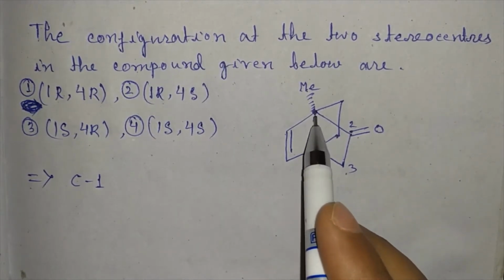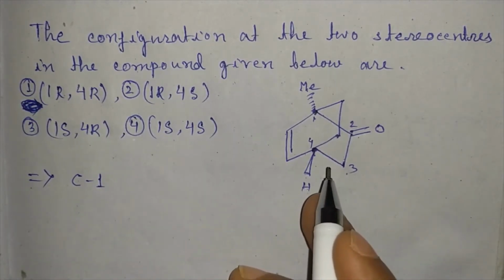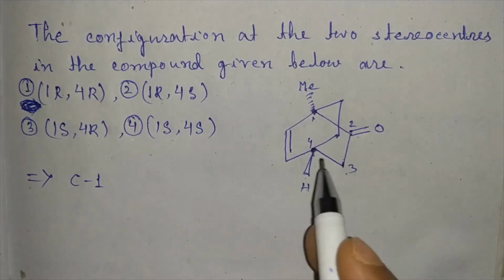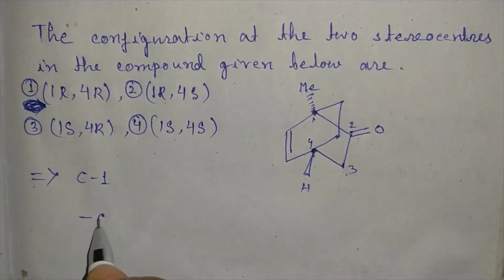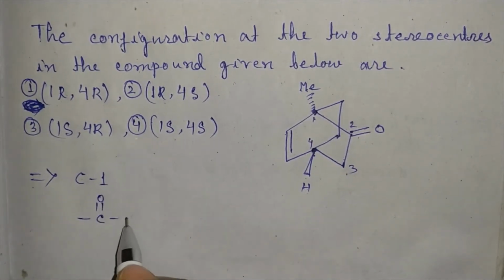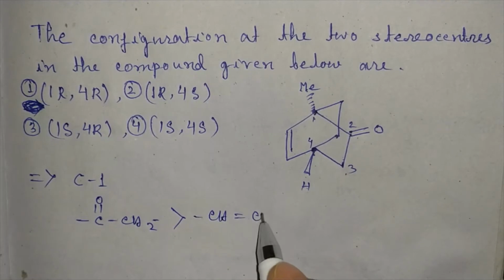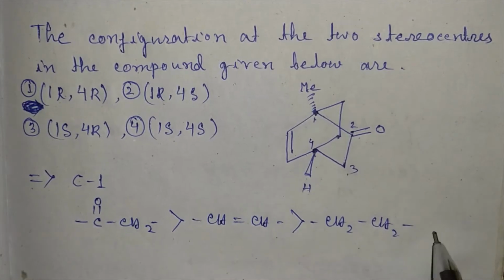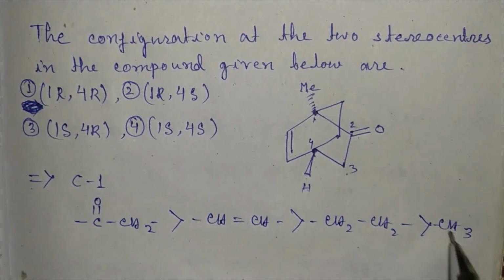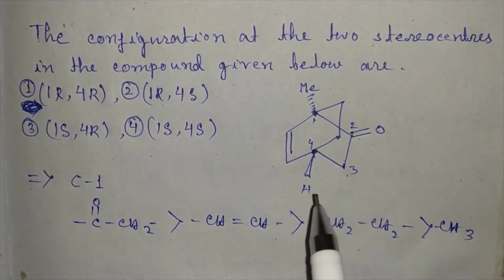So in C1, the priority sequence of these groups can be determined by the CIP rule, and we can see here the priority sequence will be, so CH3 group will have the lowest priority.